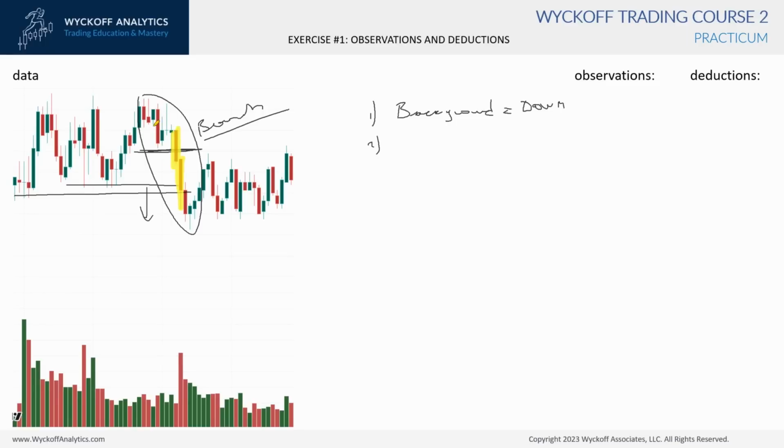So we're breaking the local structure here, support, and we're breaking the global structure here as well. And this creates for us the origination of this selling, specifically here on this bar. It creates a selling zone for us. We'll talk about how to create those selling zones later on in the course.